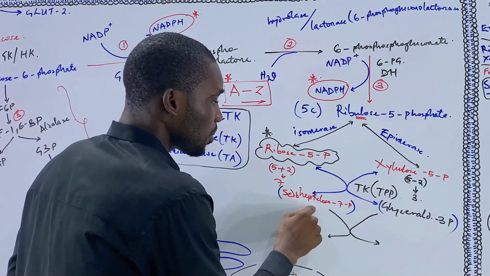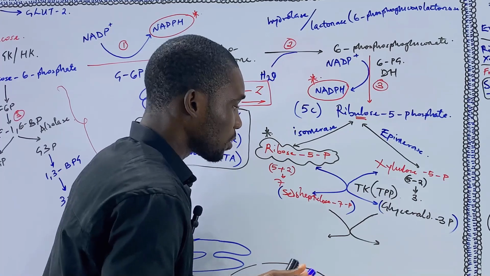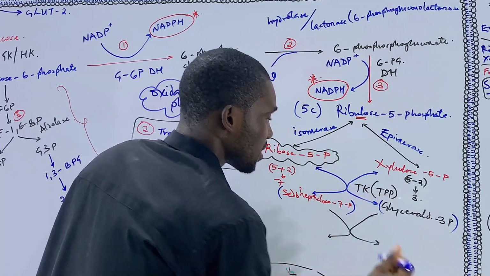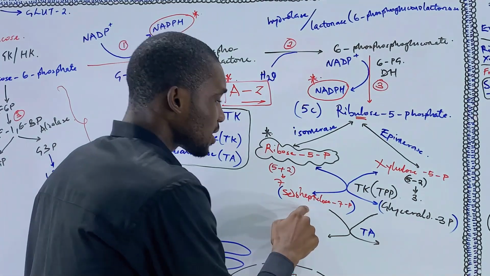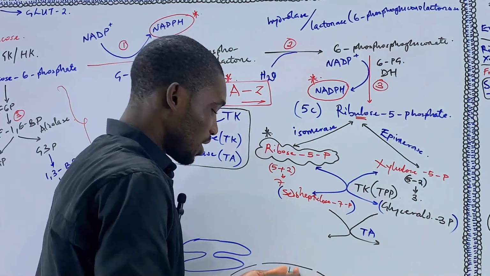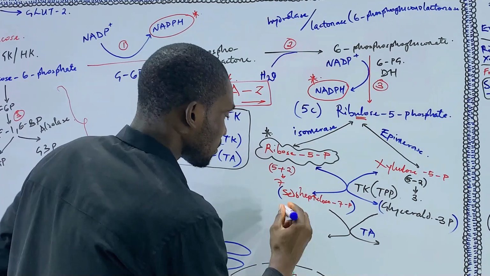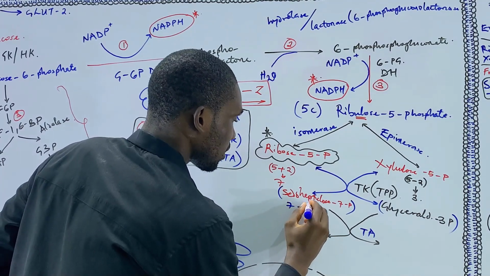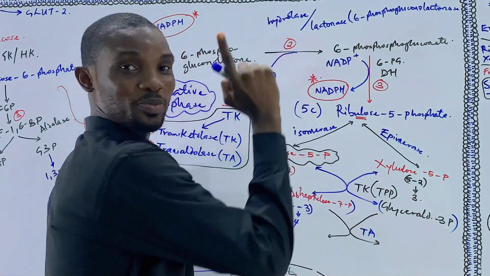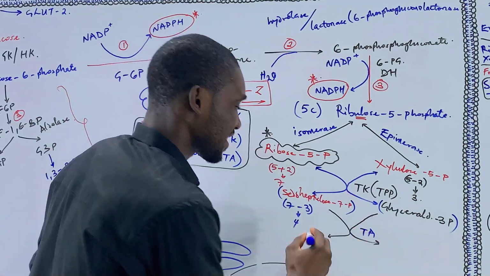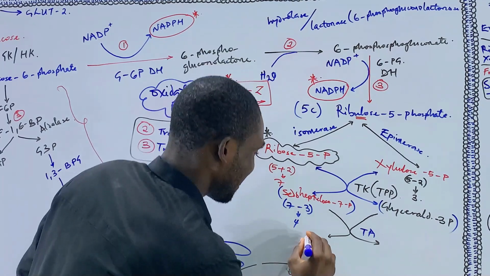So the sedoheptulose transfers how many carbons? After your transketolase, what comes next is transaldolase. So it transfers how many? 3. So 7 minus 3 will give you what? 4. So we have what? Erythrose 4-phosphate. That's pretty easy, right?